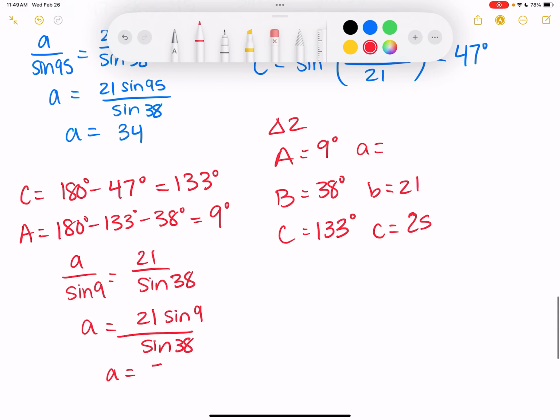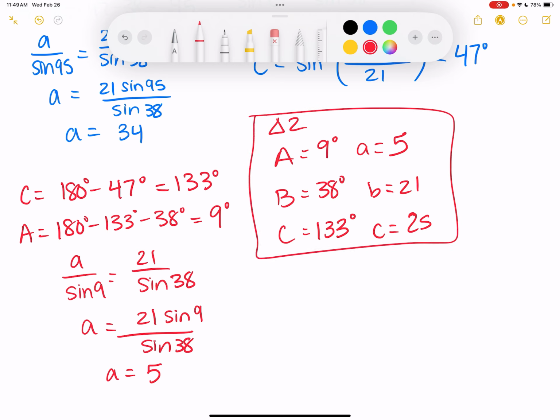So that side length is only 5 then. And so that would be your second triangle there. Any questions about that?